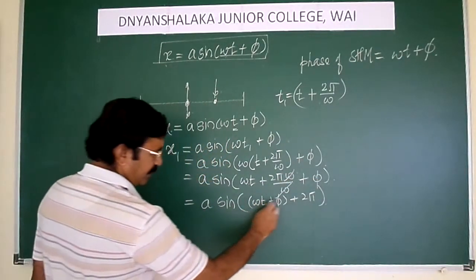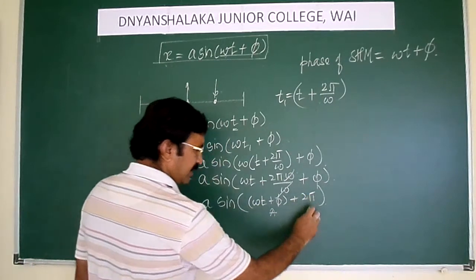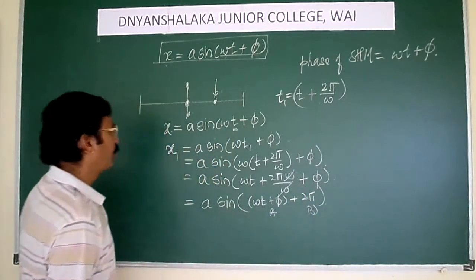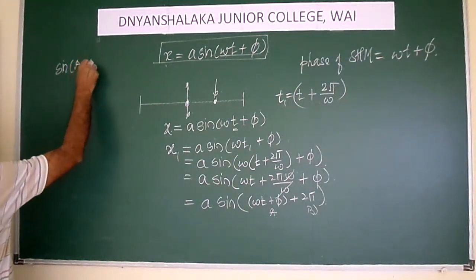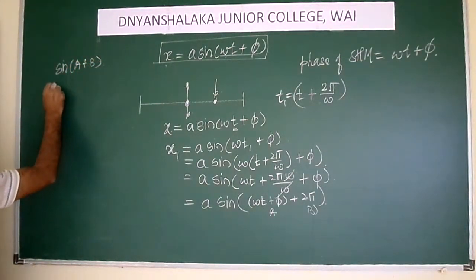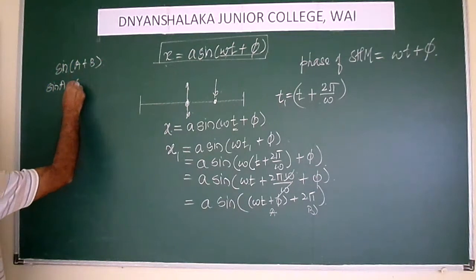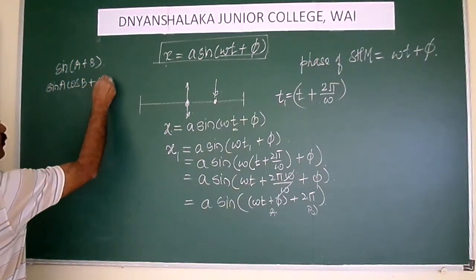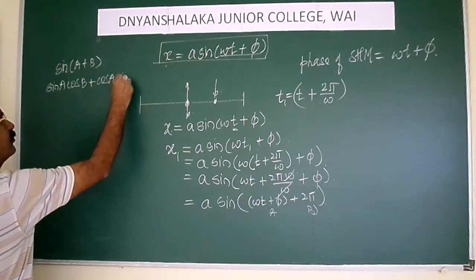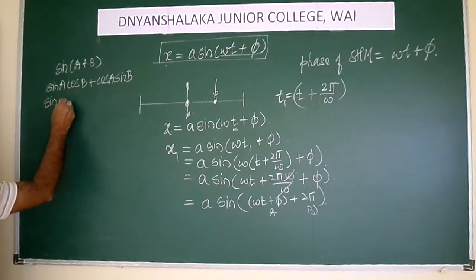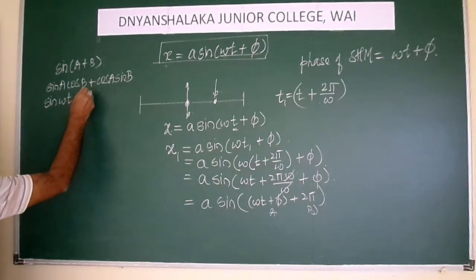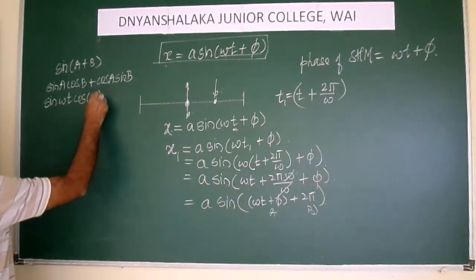Let this angle be A and this be B. So we know the formula sine of A plus B equals sine A cos B plus cos A sine B. A is written as omega t and B as 2 pi.